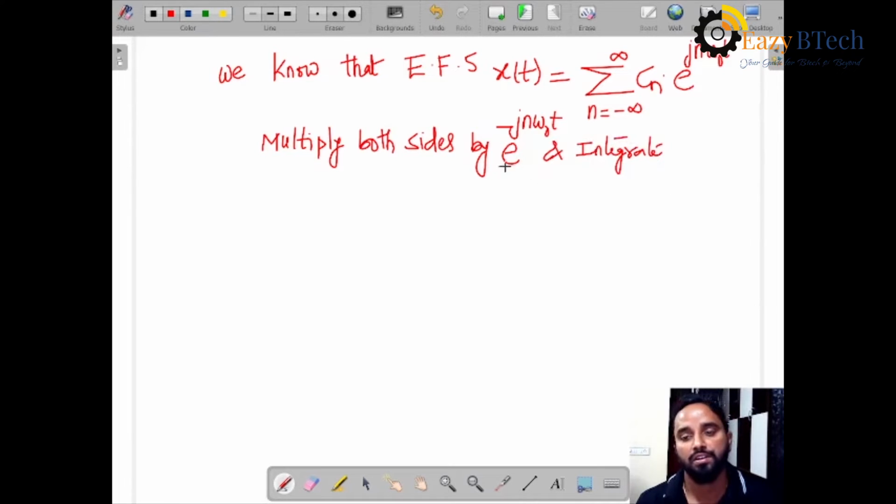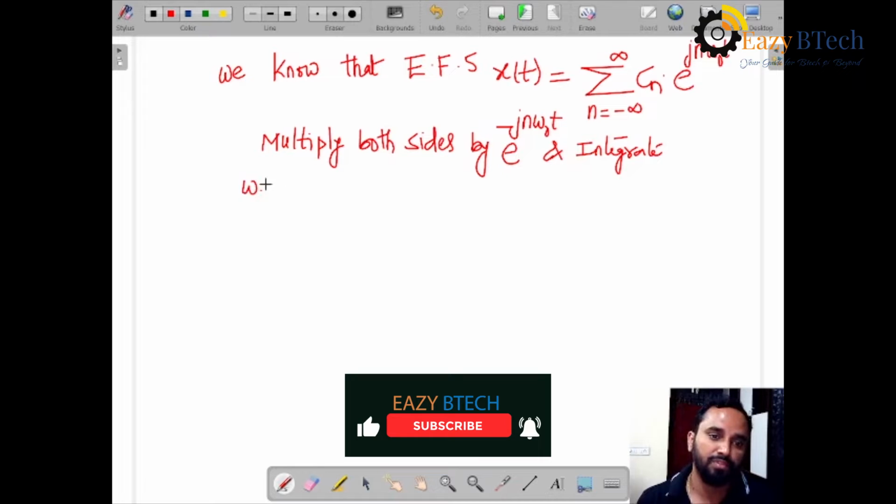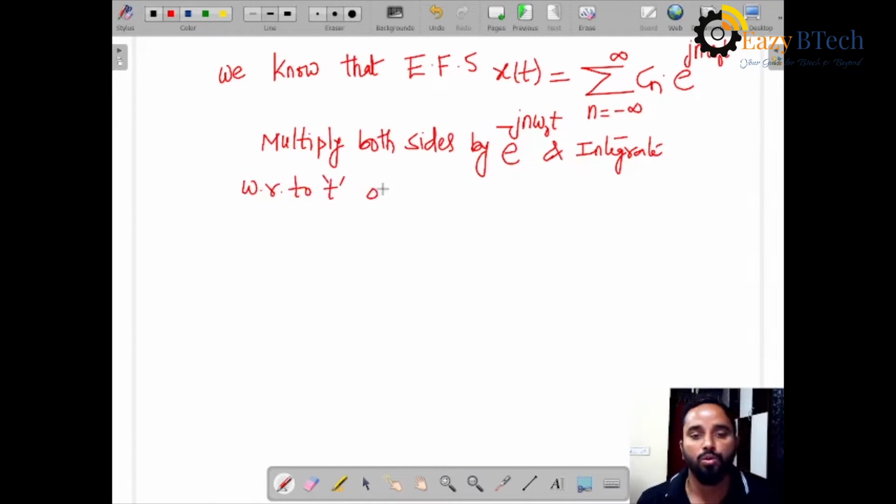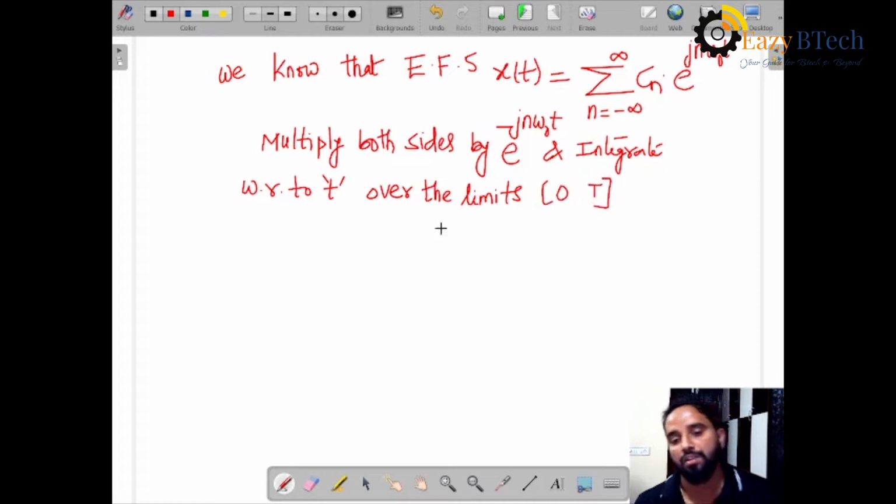So integrate with respect to t over the limits, which are also important: 0 to T, or one time period.